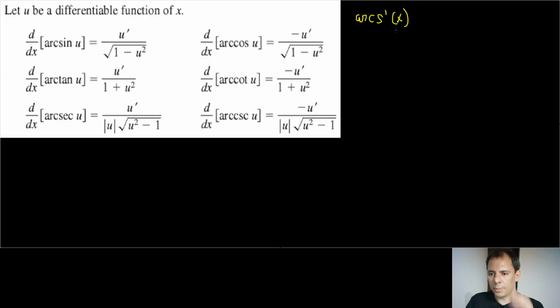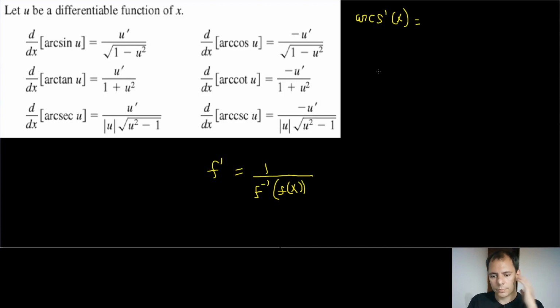Remember that when you have a function, the derivative of this function is going to be equal to the reciprocal of the derivative of the function's inverse, f inverse, of x. I don't know if you remember this theorem.